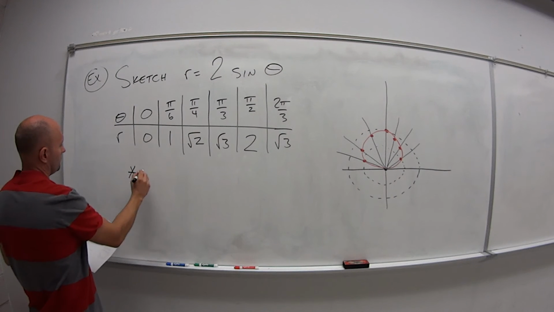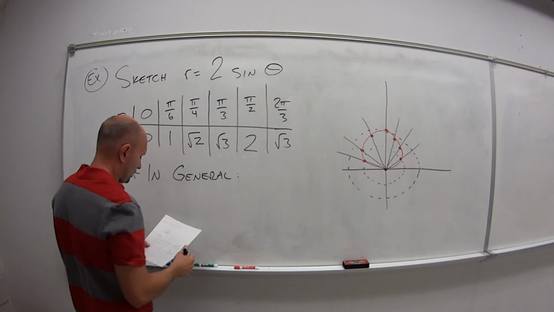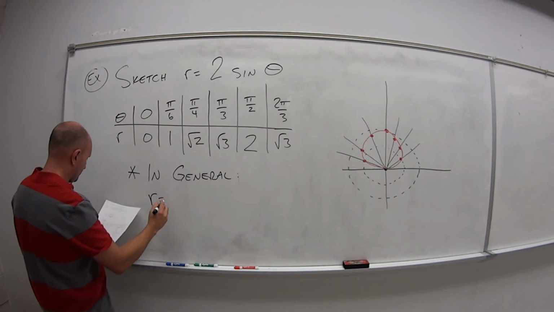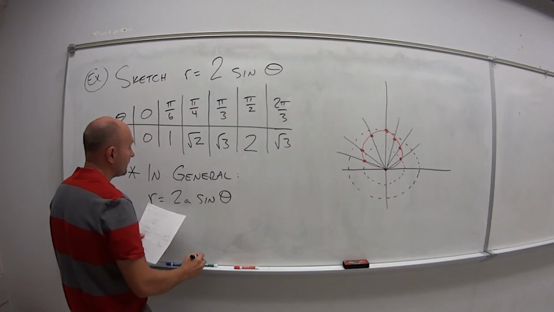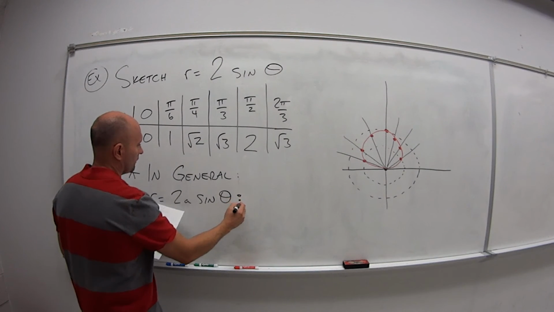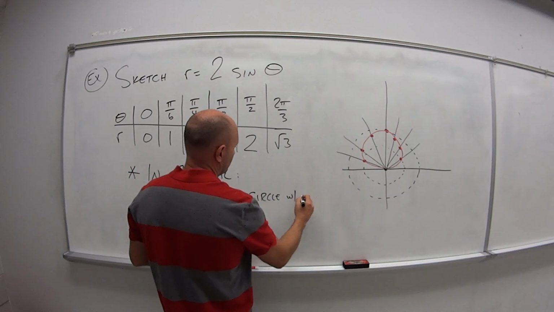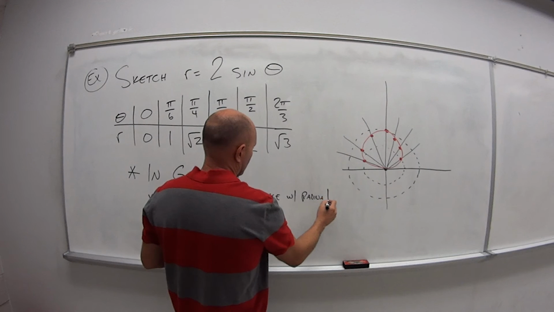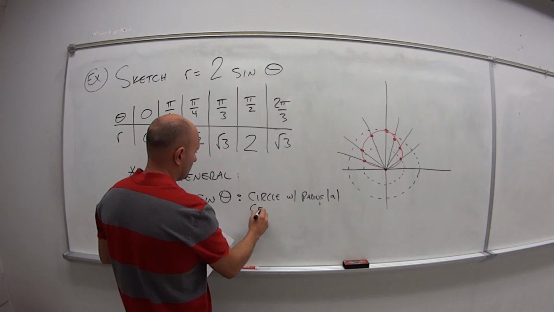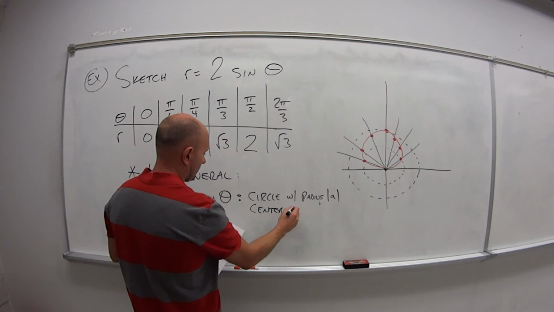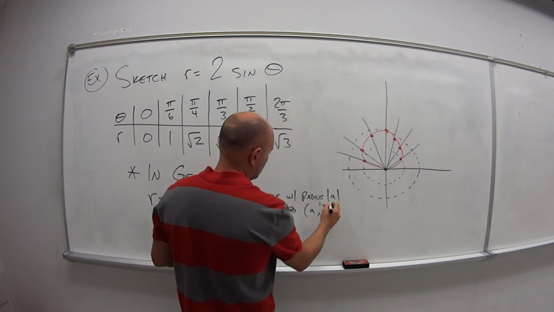So in general, and again, this will be one of the cheat sheet items you want, if we have an equation, r is equal to 2a times sine of theta, this is a circle with radius absolute value of a, and the center is at a and then pi over 2.